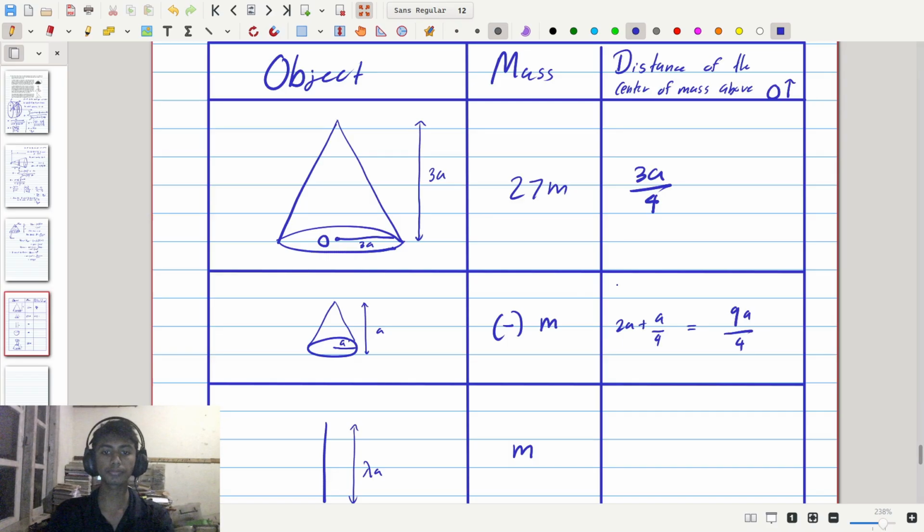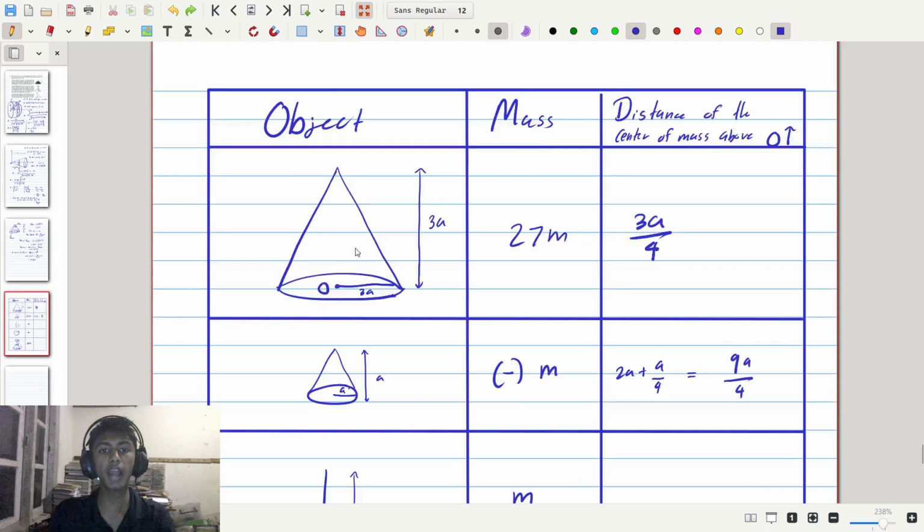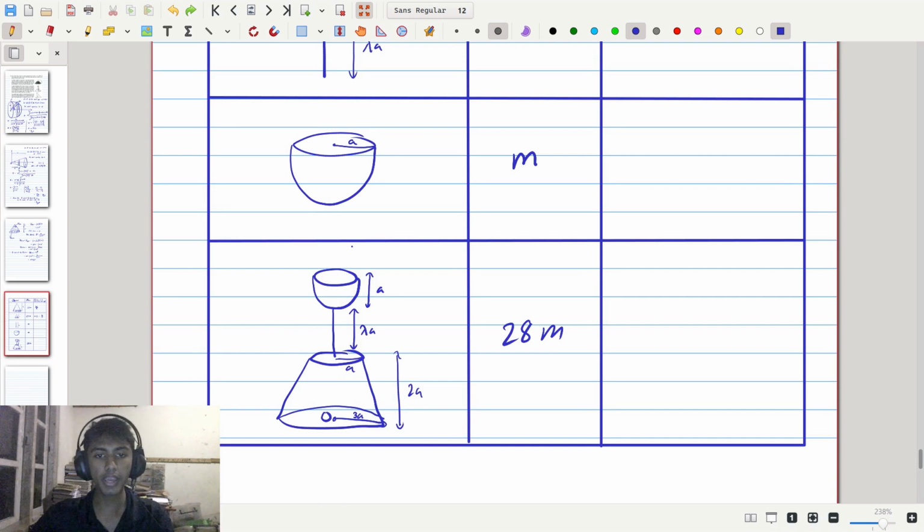Now moving on to this little rod here, the rod starts at a distance of 2a above O, but then the center of mass of the rod is at the middle of the rod since it's a uniform rod, and therefore the height here is lambda a divided by 2. So the total height above the point O is 2a plus lambda a over 2.